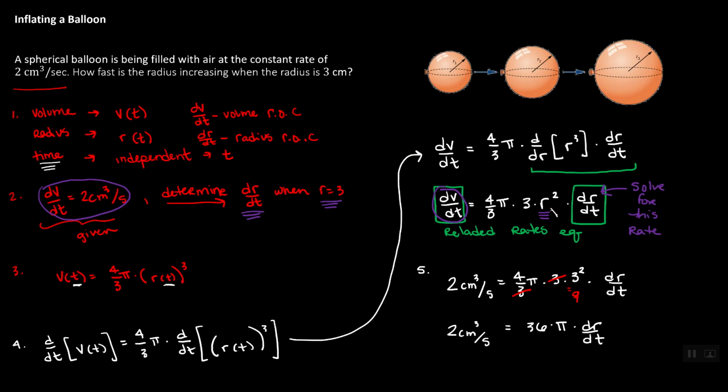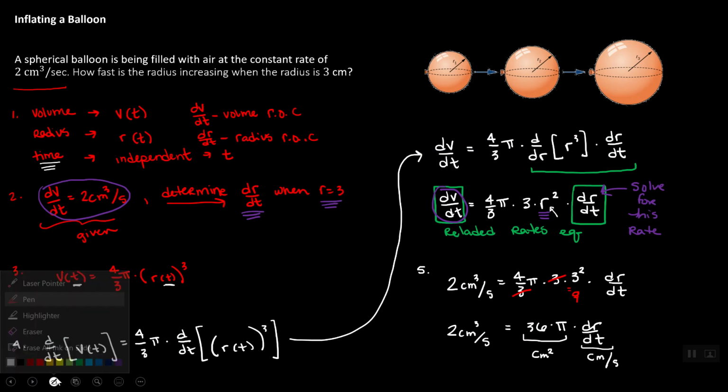So right here in the r squared, we're looking at square centimeters. So this 36 pi, that's actually square centimeters. And then dr/dt, that's a centimeter changing per second, so that looks like centimeter per second. So the units on the left and the right-hand side of our equation actually match out perfectly. We have centimeters squared times centimeter. That's centimeter cubed, just like the left-hand side, and then per second, just like the left-hand side.